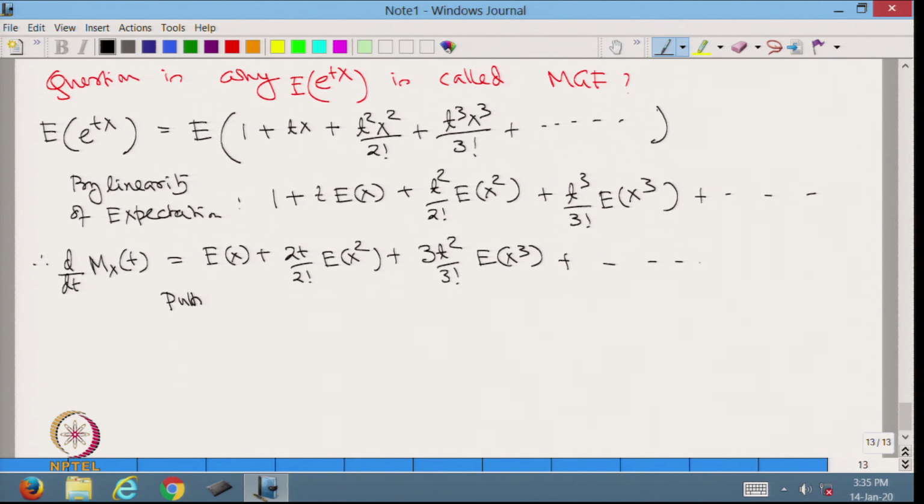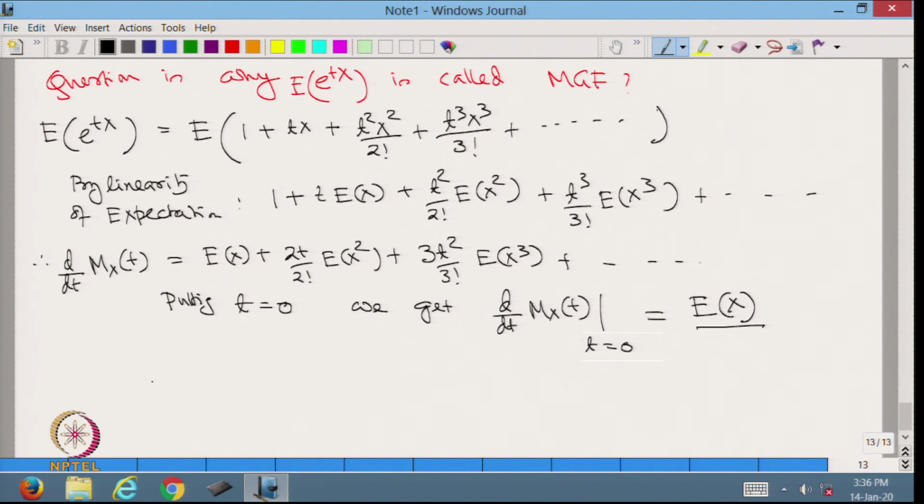Putting t equal to 0, we get d/dt of M_X(t) at t equal to 0 is equal to expected value of x. Thus, we get the first raw moment by differentiating M_X(t) with respect to t and setting t equal to 0.